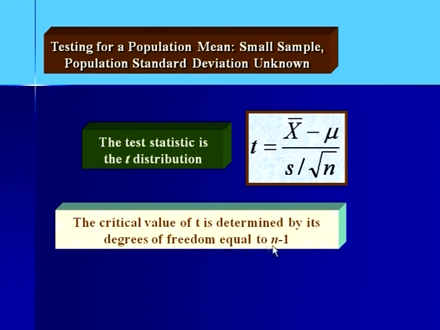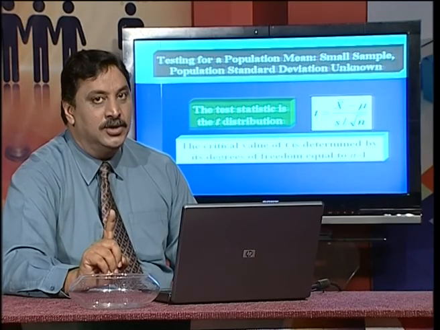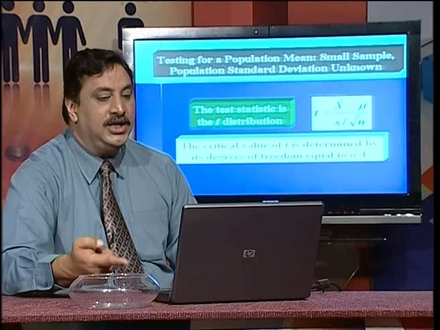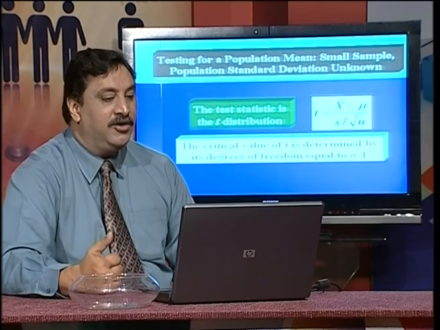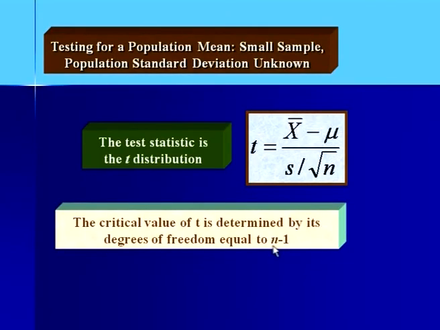If we know one parameter value, we subtract it. Here we have only mu, the population parameter, so only one value. We need degrees of freedom to find the critical value of t in the t-test. So the degrees of freedom in this example is n minus 1, where n is the sample size and 1 is for the population mean.